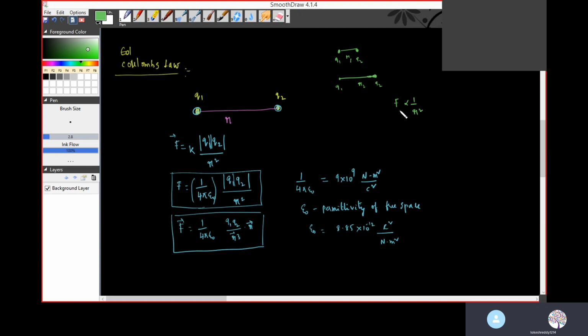Here Q1, Q2 are constant, K is constant. So F is inversely proportional to R square. So F1 by F2 is equal to R2 square by R1 square. This is one model which you need to remember for application.